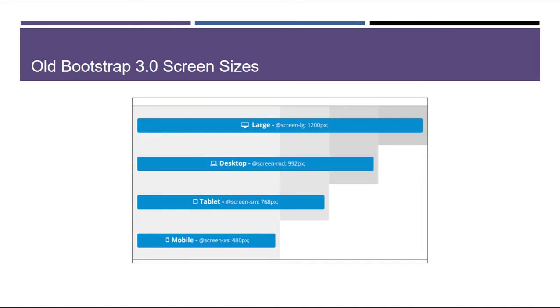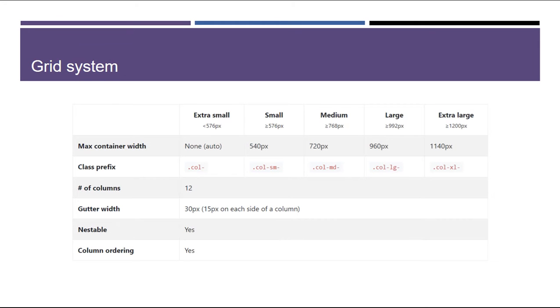I will explain why they adjusted their screen sizes, because they are introducing another screen size, extra large, and their classes are a little bit different. We don't want to write the full XS now. We have to write full XL for the extra large screen. So there's no other difference between Bootstrap 3.0 and 4.0.